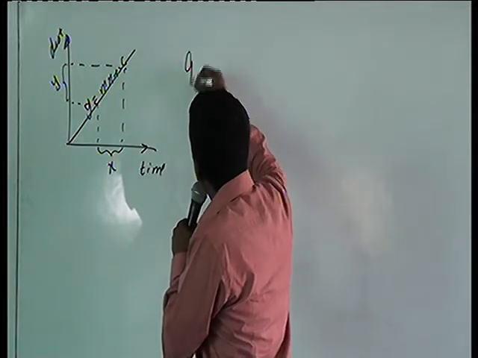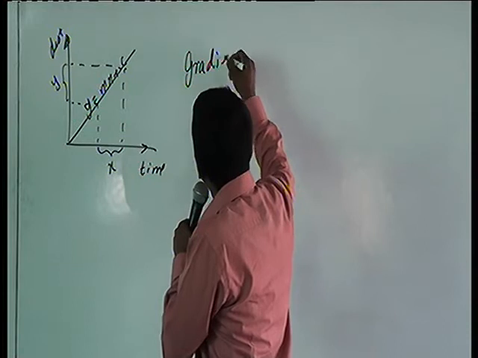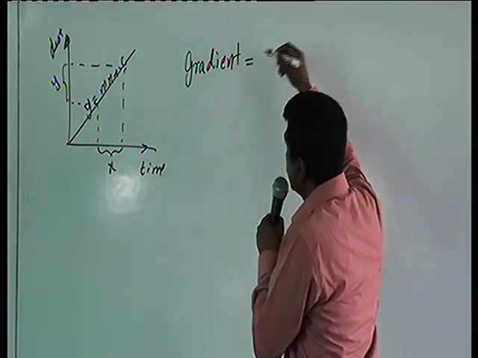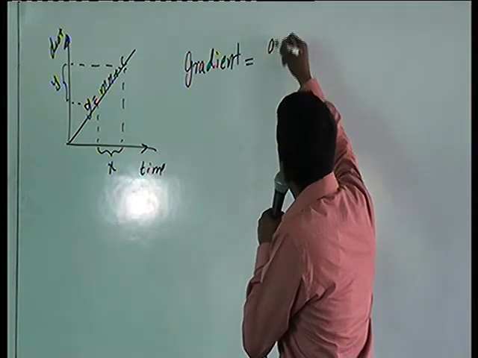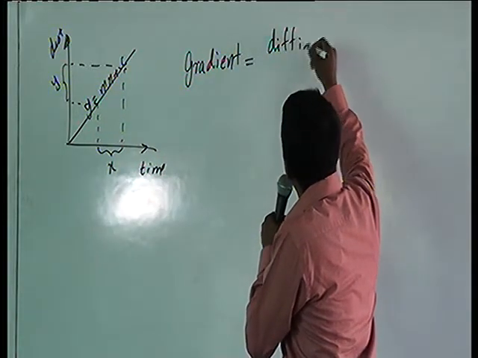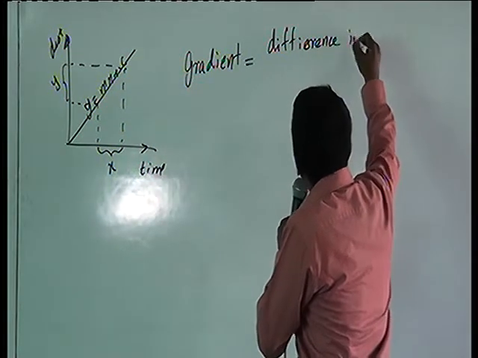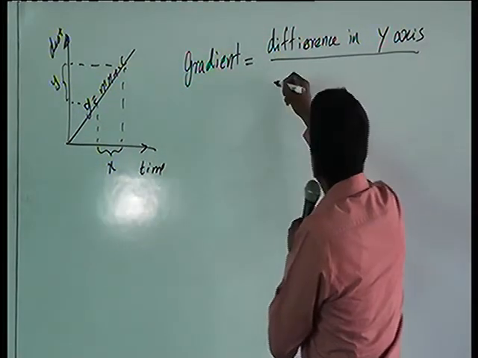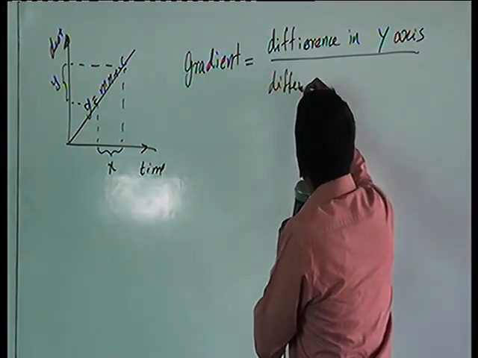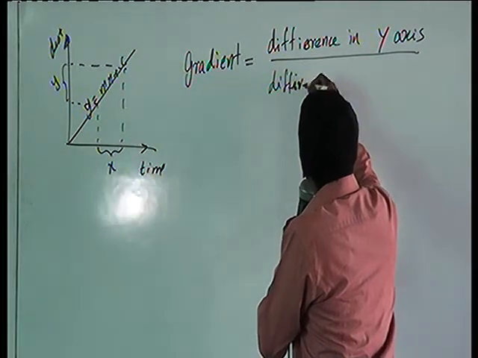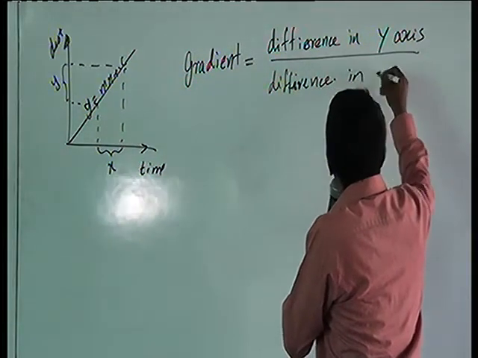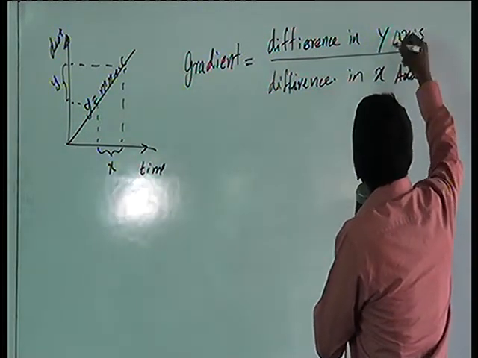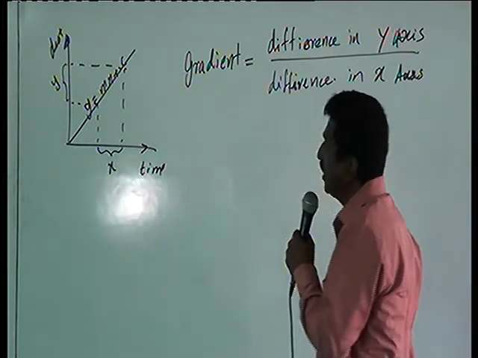So the gradient is equal to the difference in the y-axis divided by the difference in the x-axis.